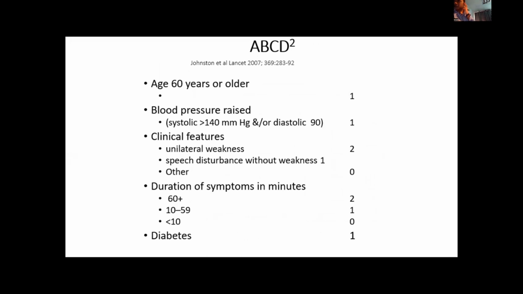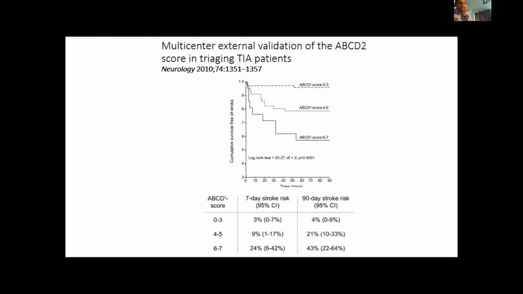And I think this is a score that you guys are familiar with, the ABCD square score, that is universally accepted across the world, and it remains the gold standard for triaging severity or likelihood of progression to a stroke. And as you can see, the higher the number, the bigger the chance.